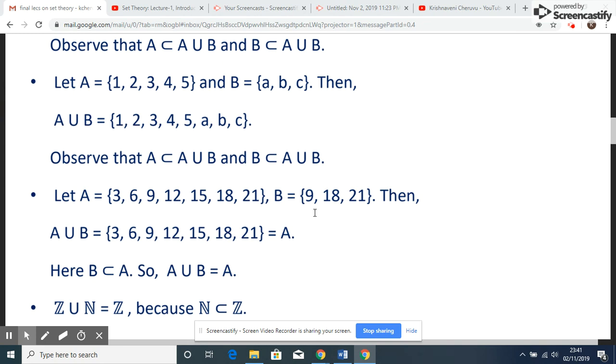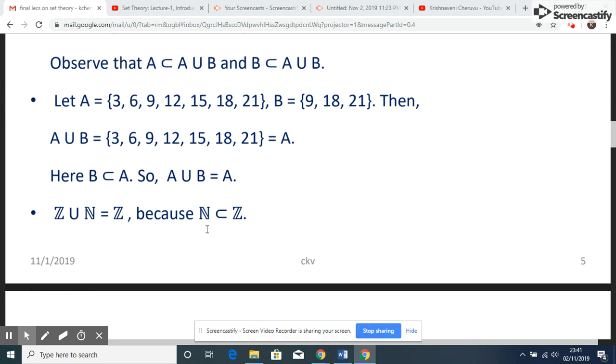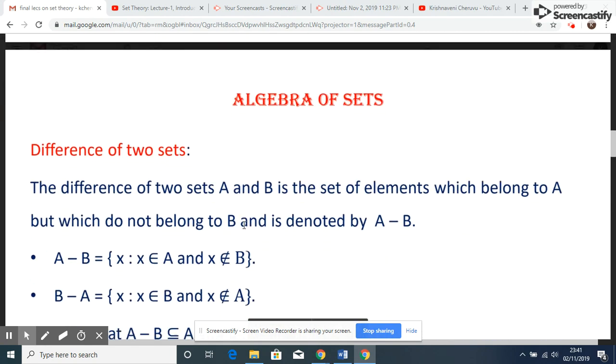B is a set with elements 9, 18, 21. And see that B is a subset of A. Means every element of B is an element of A. And if you write A union B, it is A. Now, union of the set of integers and the set of natural numbers is the set of integers because the set of natural numbers is a subset of the set of integers.